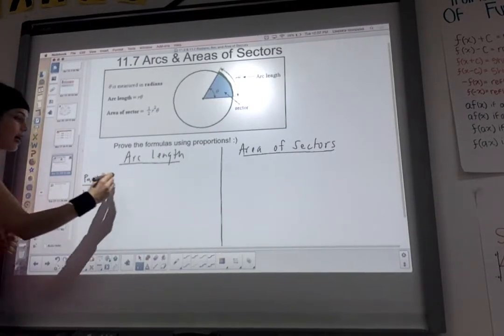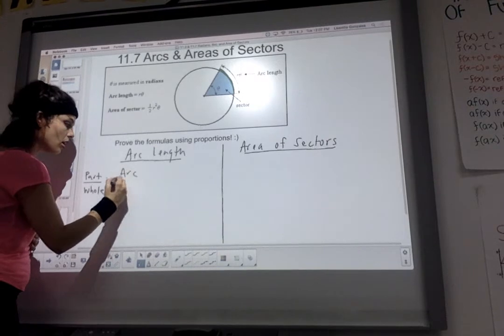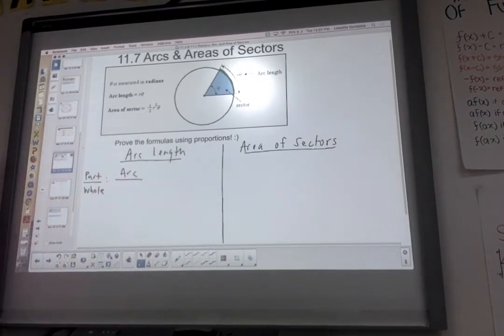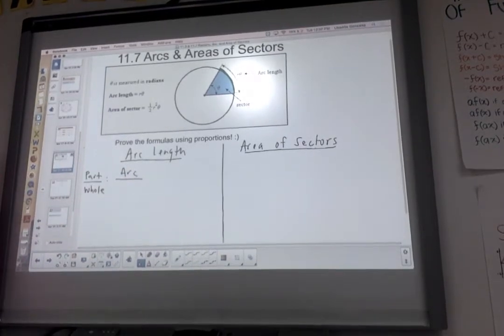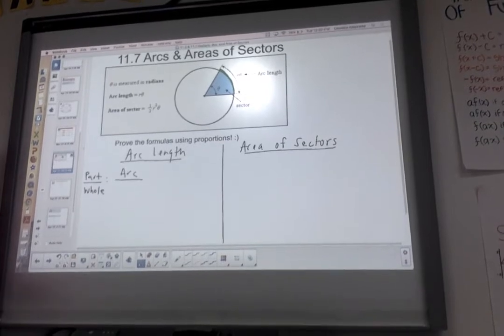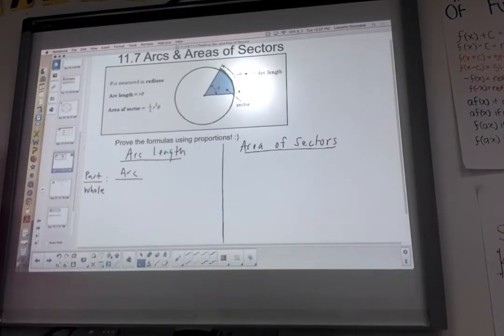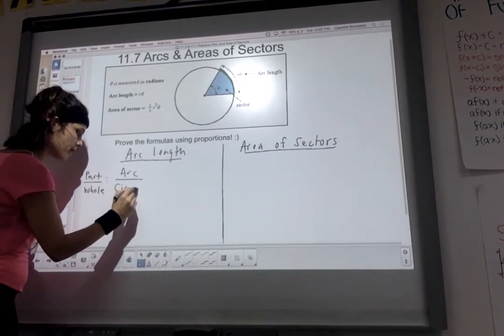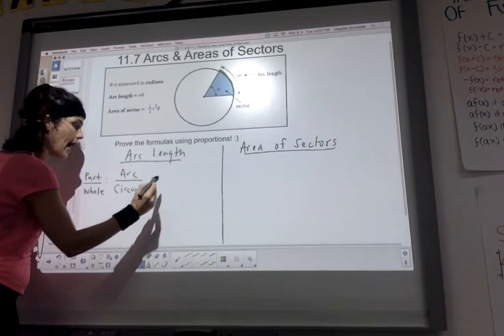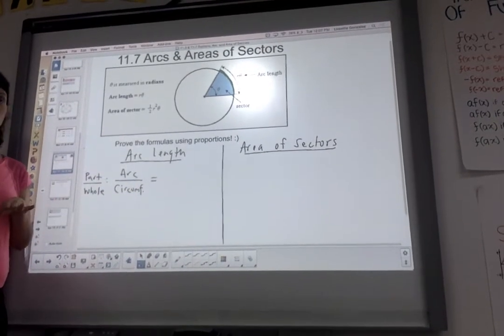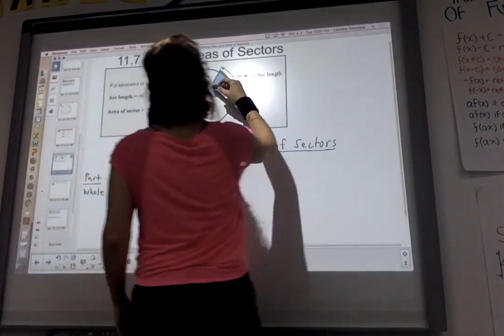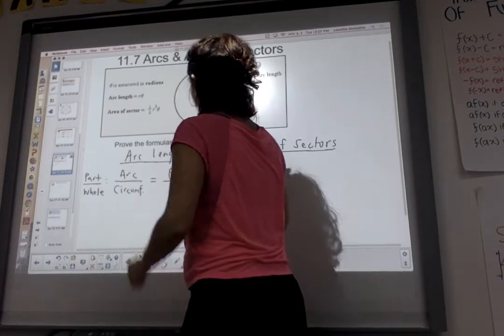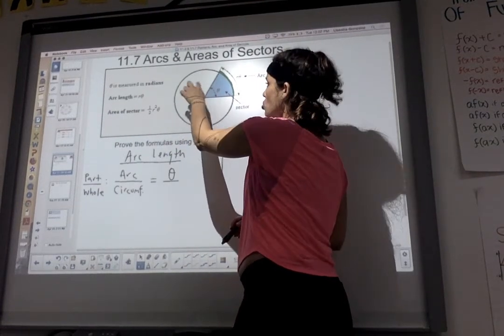So the arc length is a part of the whole what? Circumference. As, and it's going to be in the same ratio as theta, that angle there, is to what?